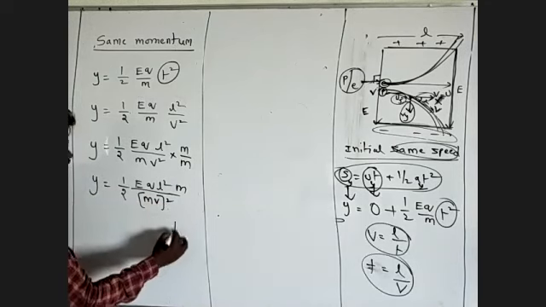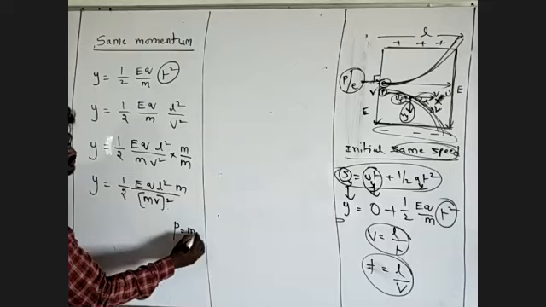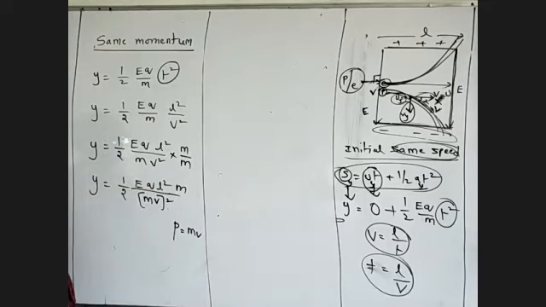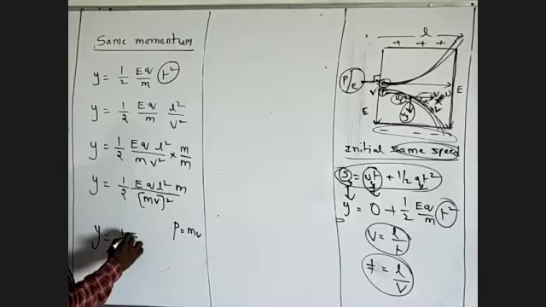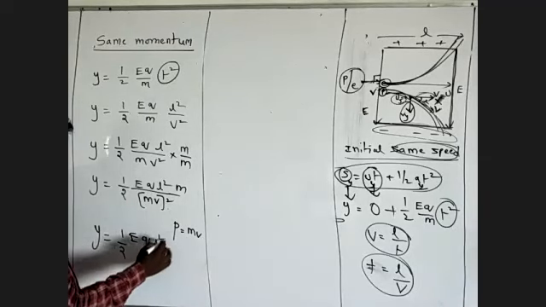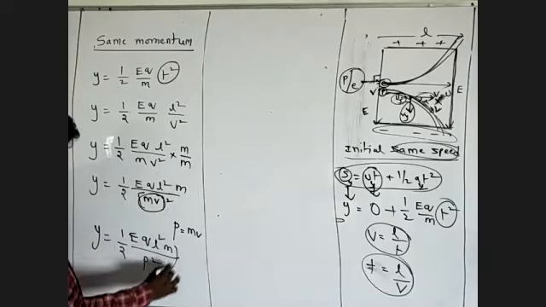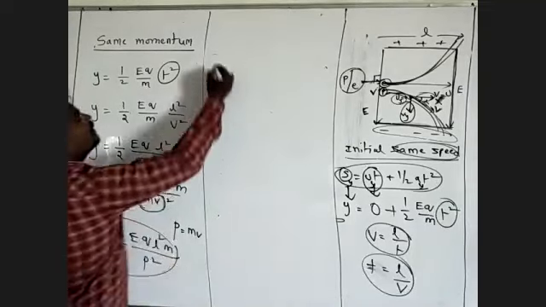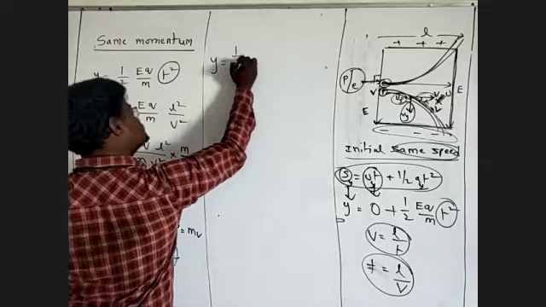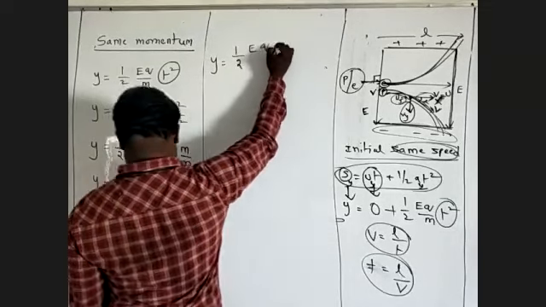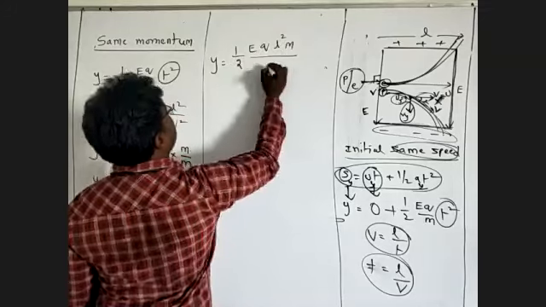Do you know very well momentum means p is equal to the product of mass and velocity. Now y is equal to 1 by 2 eE L squared m by, this is the momentum, p squared. I'm getting the equation: y is equal to 1 by 2 eE L squared m by p squared.